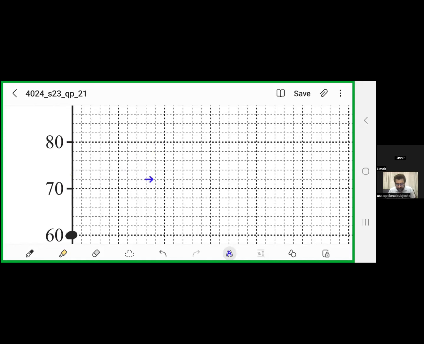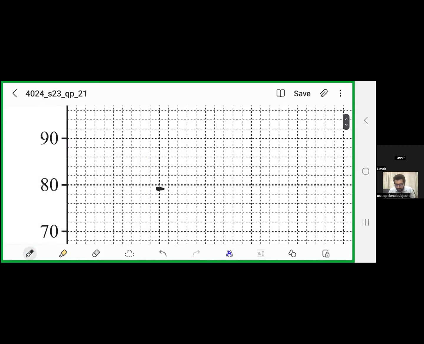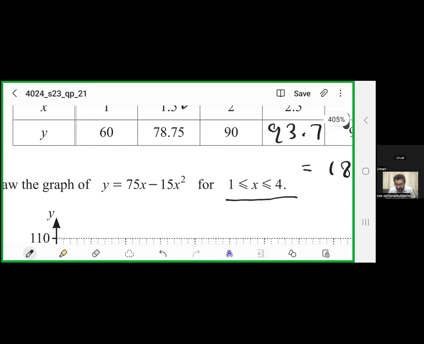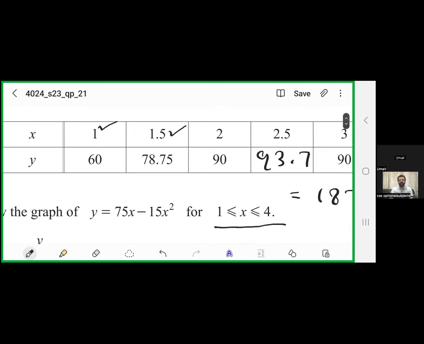So each division is basically equal to 2. This is 72, 74, 76, 78. And 78.75 will fall somewhere over here. This is our second point, where x is 1.5, y is 78.75.